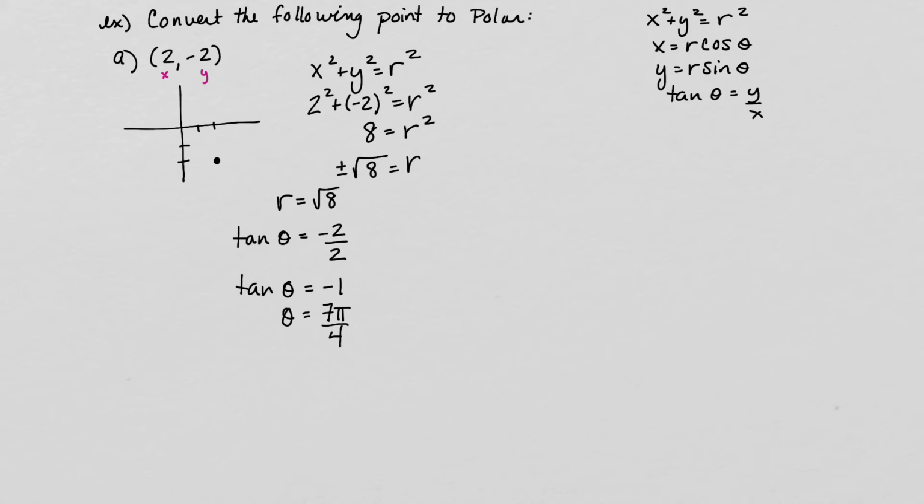So my point is -1 comma 7 pi over 4. Right, because I was looking for when the tangent is equal to -1, and I need something in the 4th quadrant, because that's where my point is living. Questions?